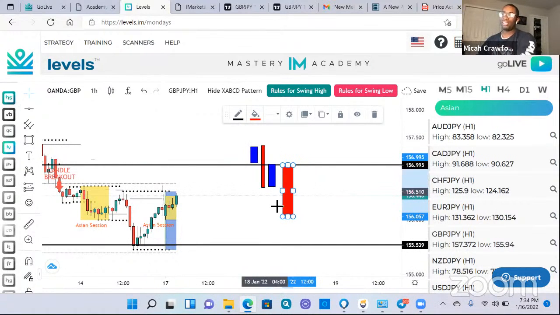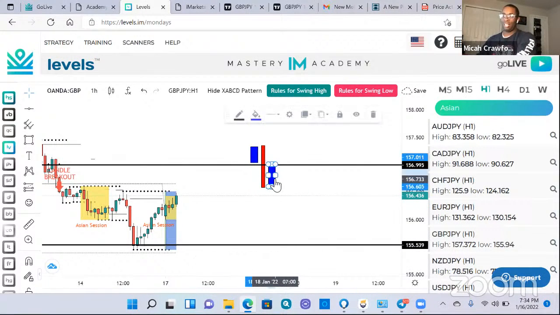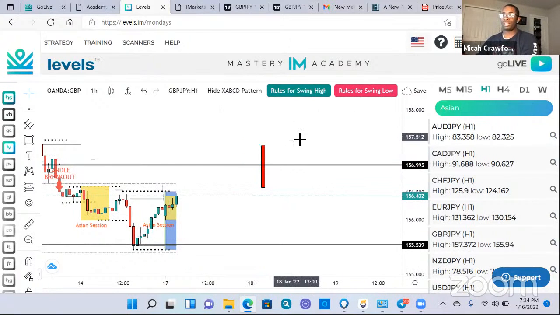But again, although this candle is larger than this candle, if I look to the left, I see why we move to the upside now. Because to the left, I found a previous level of resistance that turned to new support.